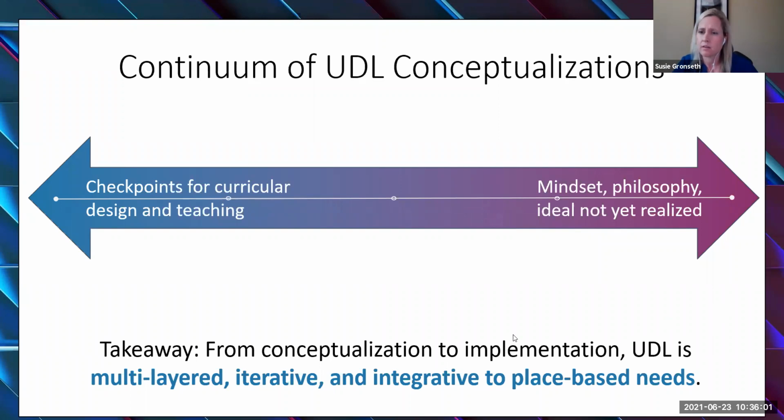So I kind of check myself when I come to applying UDL: where might I be on that continuum? I don't feel like I'm static, always on the right in the mindset philosophy realm or always on the left. I operate somewhere on the continuum depending on what it is that I'm doing.